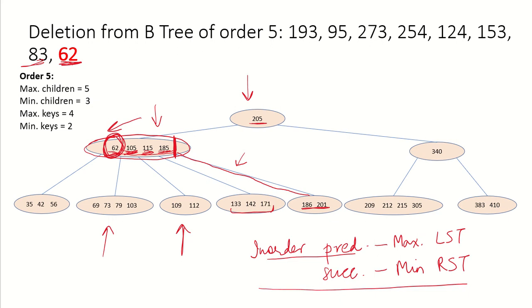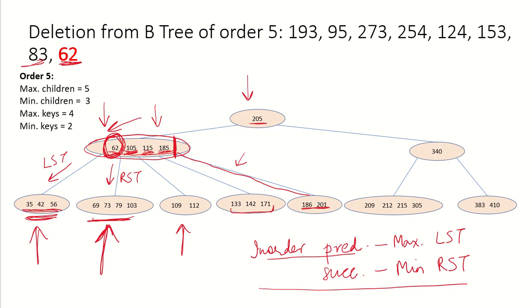So if we check for 62, the left subtree is this and the right subtree is this. So either we can replace 62 by the maximum value in the left subtree or the minimum value in the right subtree, provided that these nodes have more than the minimum number of keys.